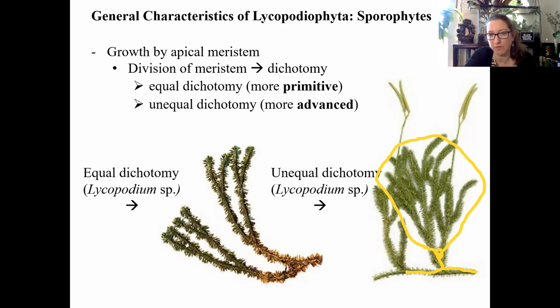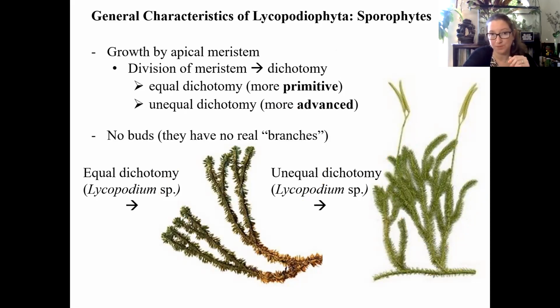There'll be more clear pictures on subsequent slides. It's not as equal as what's shown over here. So equal is the more primitive state, unequal is the more advanced state.